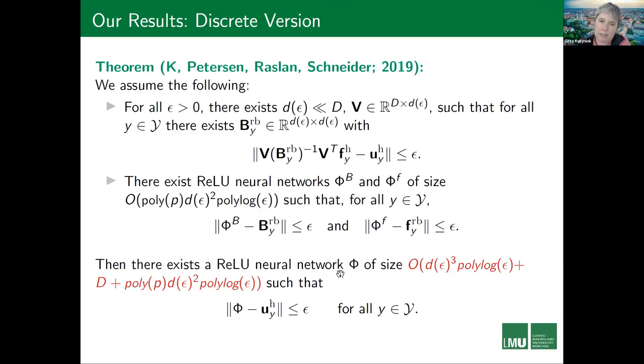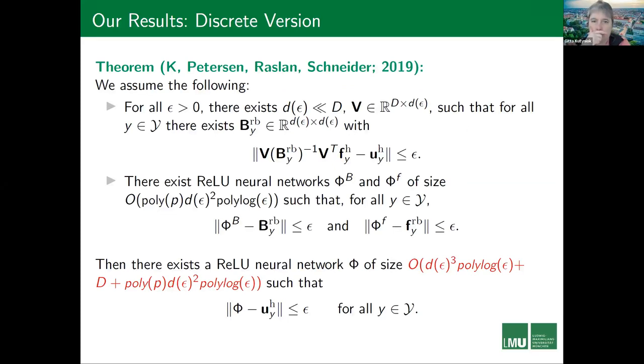This shows that the size, the complexity of the neural network does not suffer from the curse of dimensionality. And so this neural network satisfies what we expect. It approximates this coefficient vector of the solution in this high fidelity space up to epsilon for all parameters. But there are certain conditions which need to be satisfied. The first condition is basically the condition which is always assumed.